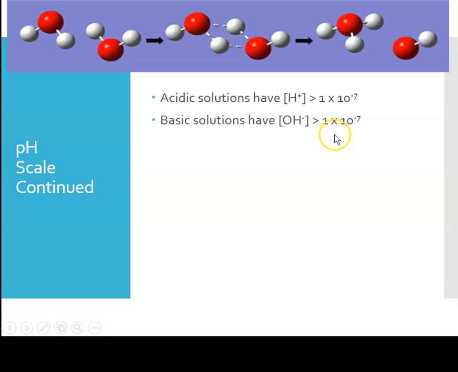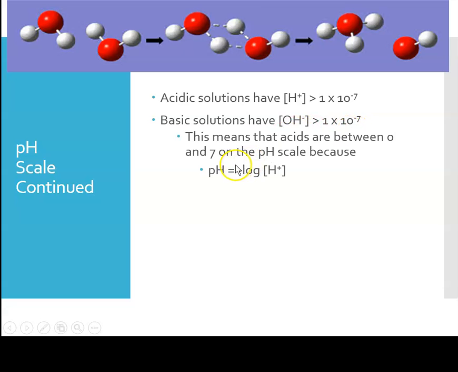In a base solution, we see the OH concentration is greater than 1 in every 10 million. And so if we use this little math equation right here, go ahead and hit pause on the video, write this equation down because we will be putting it into a calculator soon. Okay, and now you're back.